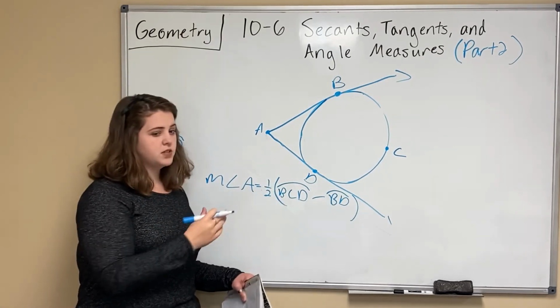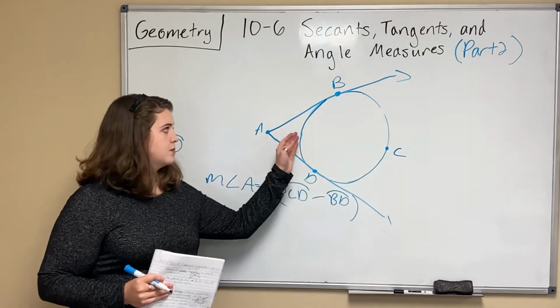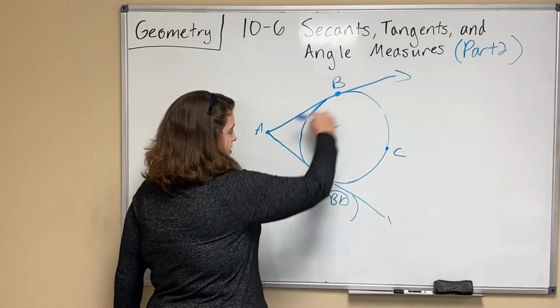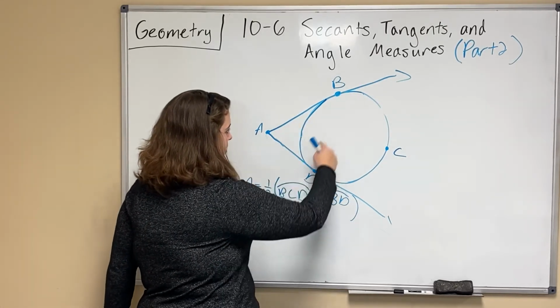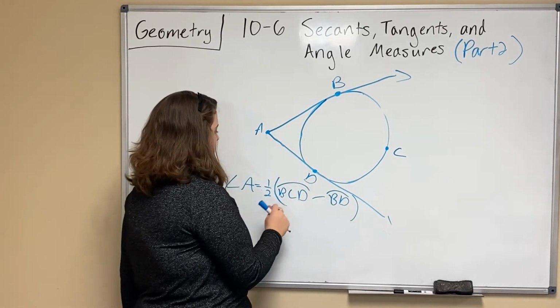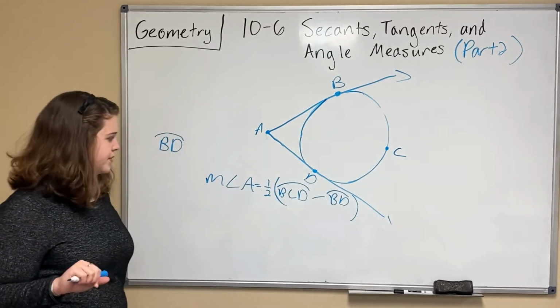So this whole time it's been the same equation, big arc minus small arc, but it's going to look different based on whether you have a tangent and a tangent, or a secant and a secant, or a tangent and a secant. You have to be able to recognize which one is which and plug those numbers in.